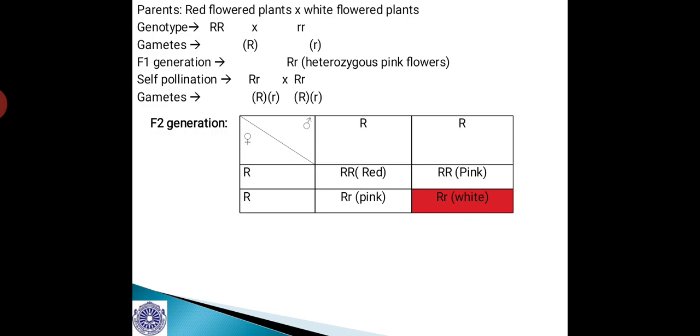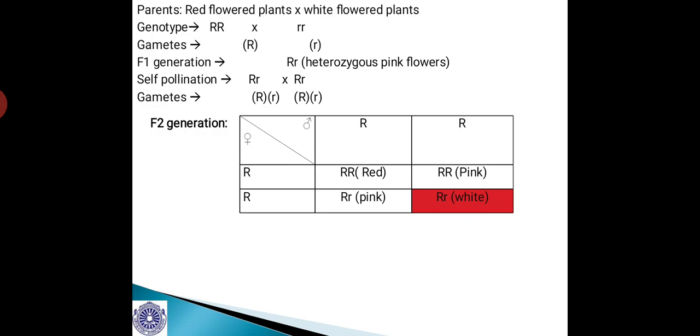So this is a cross showing the inheritance pattern called incomplete dominance, wherein the parents selected for this cross are homozygous red flowered plants and homozygous white flowered plants, and their genotypes are as follows: capital RR, and white flowered plants will have small rr.